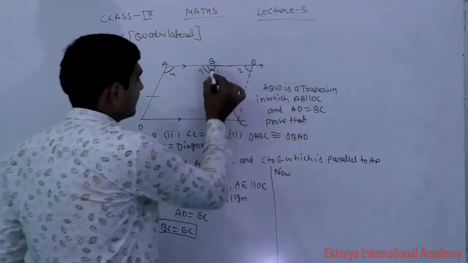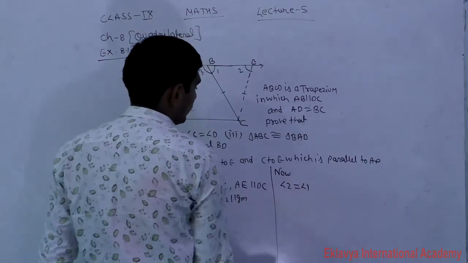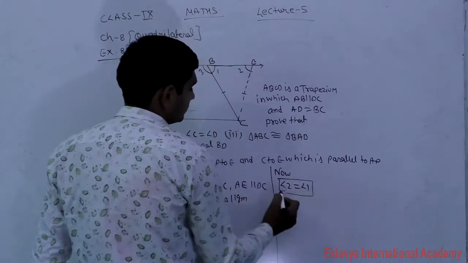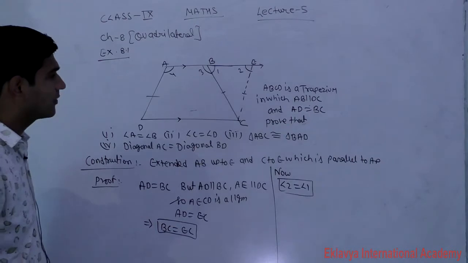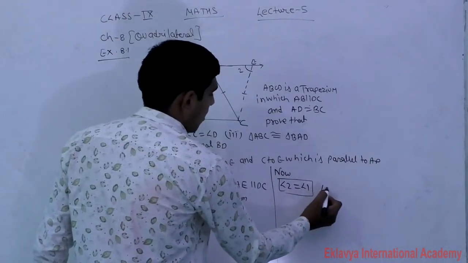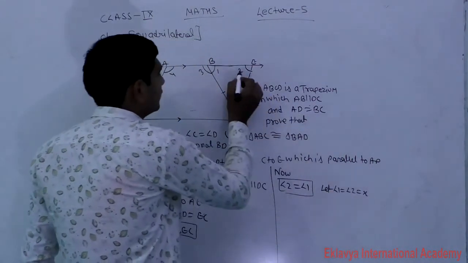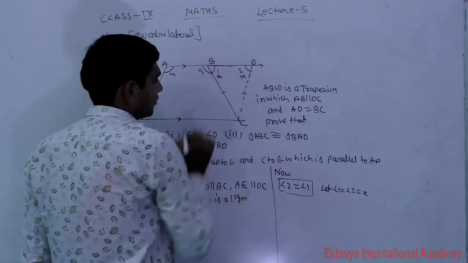So opposite BC, angle 2 is equal to angle 1. Equal or not? Angle 2 किसके इक्वल होगा? Angle 1 के इक्वल होगा. Let angle 1 equal angle 2 equal x.